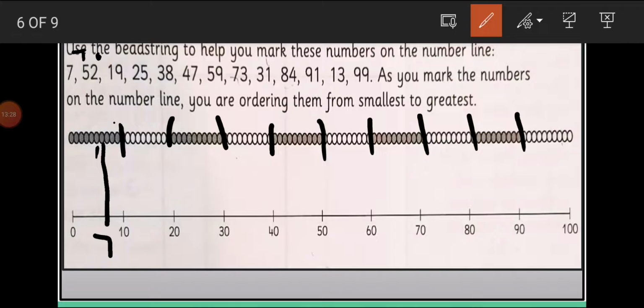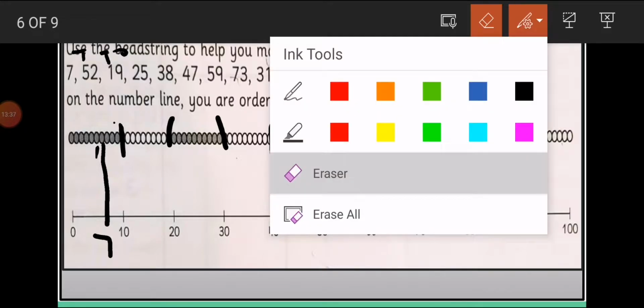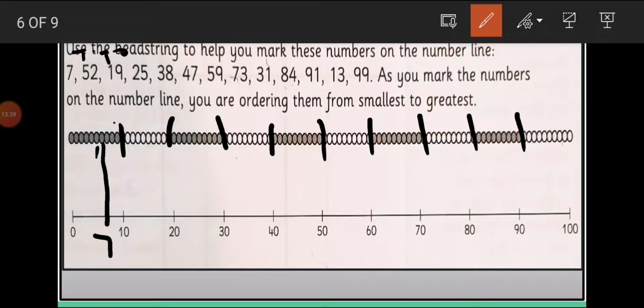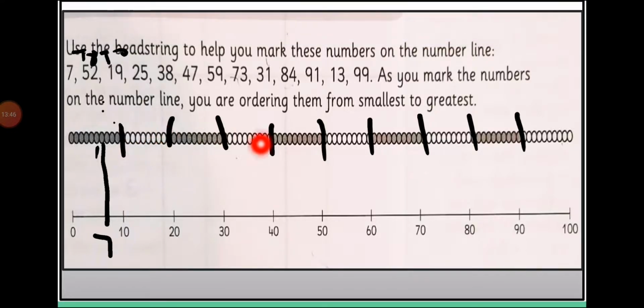Ones and tens here. So in number 19, there are 9 ones and 1 ten. Again, you will check the tens on the number beads, mark it, and then count 9 more and put the 19 on its correct place.